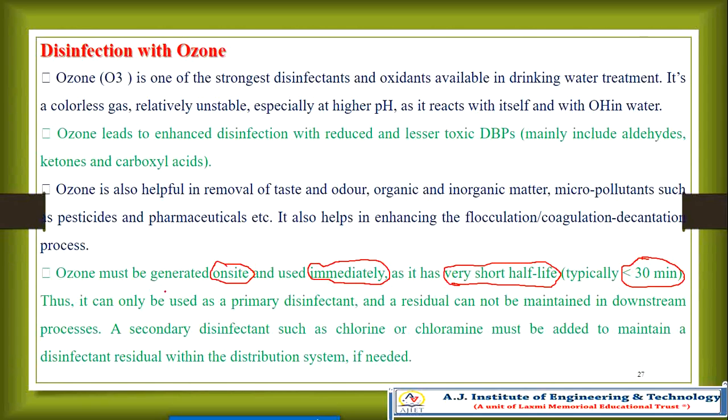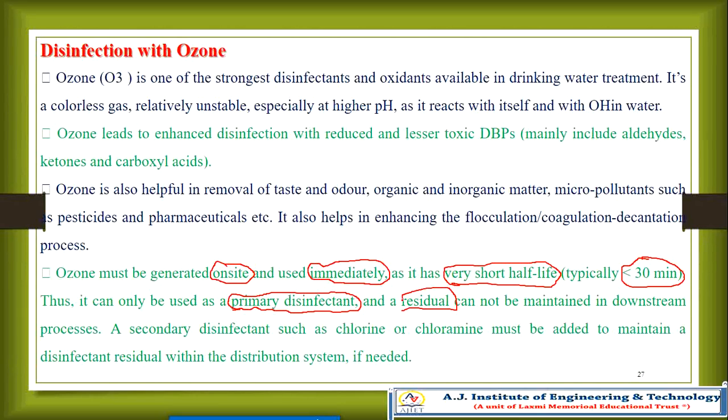Thus, it can only be used as a primary disinfectant, and residual cannot be maintained. See, residual is there, no?